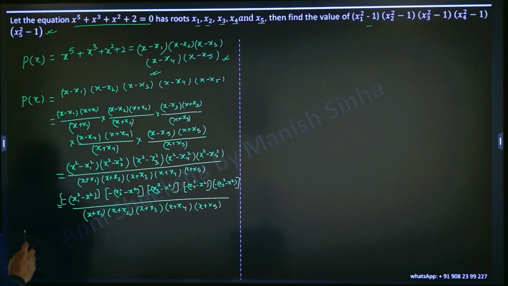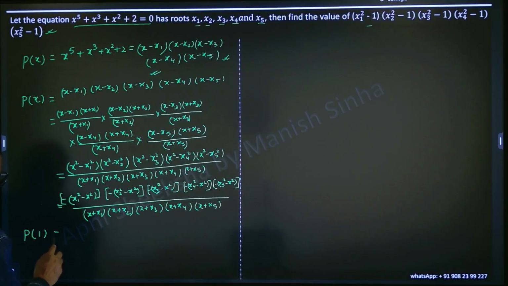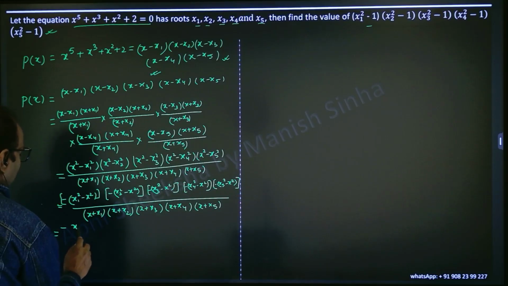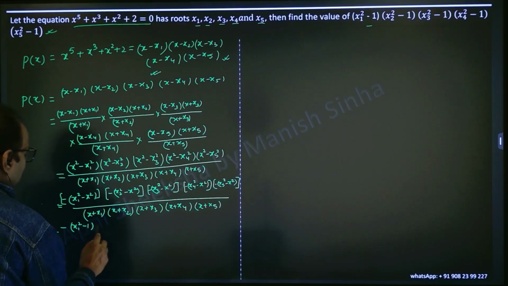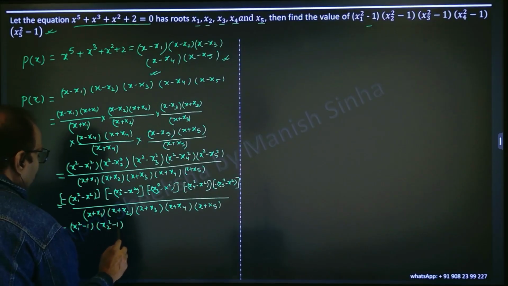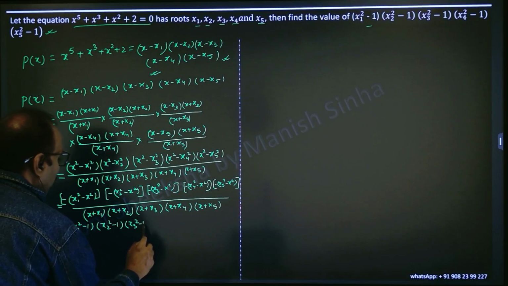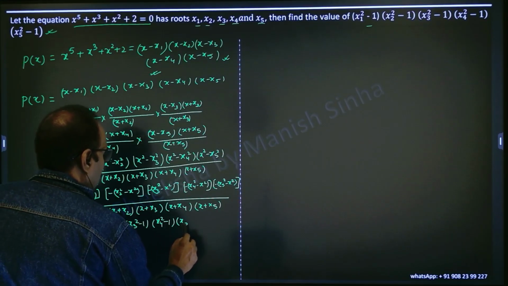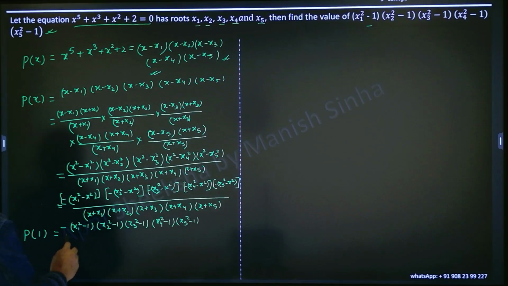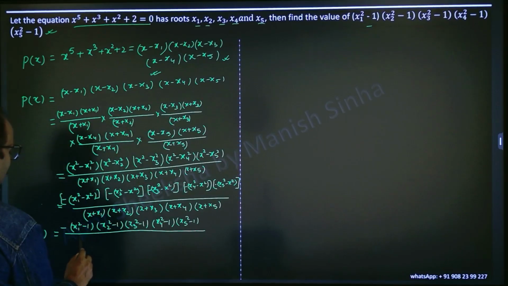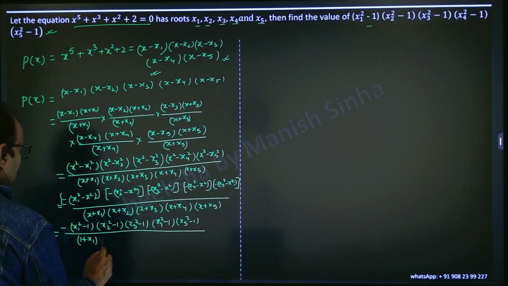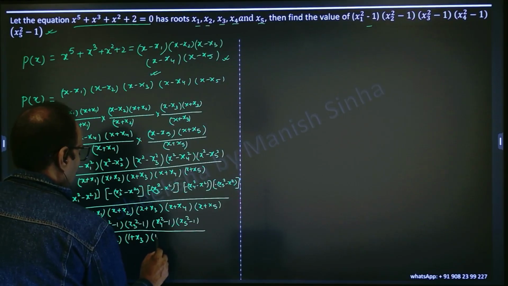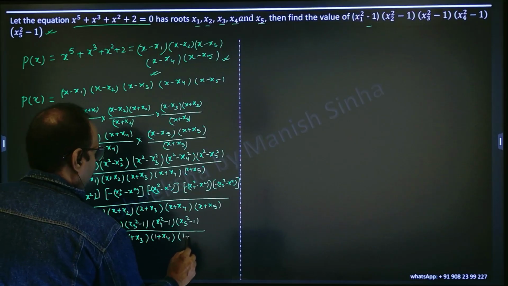So when we make x is equal to 1, our numerator becomes x1 square minus 1, x2 square minus 1, x3 square minus 1, x4 square minus 1, x5 square minus 1, divided by 1 plus x1, 1 plus x2, 1 plus x3, 1 plus x4, 1 plus x5.